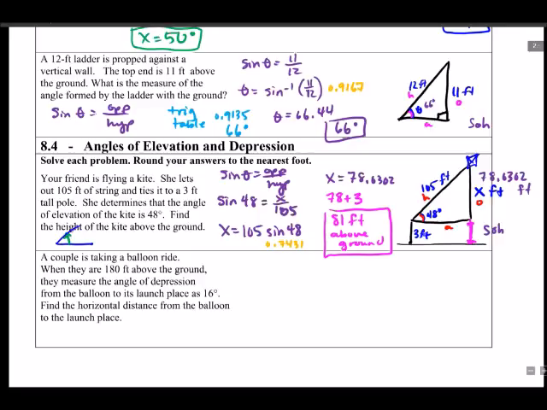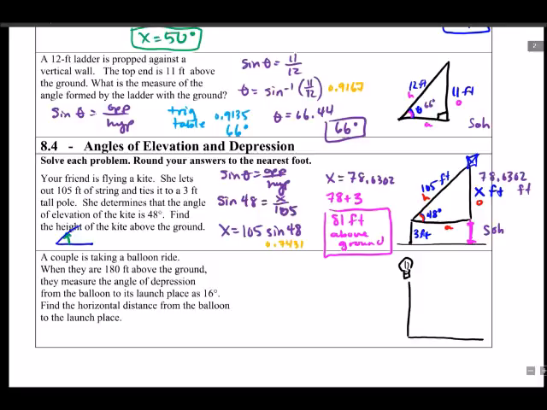Okay, and our last problem here. A couple is taking a balloon ride. So we've got our balloon picture. All right, they're taking a balloon ride, and when they are 108 feet above the ground, they measure the angle of depression.